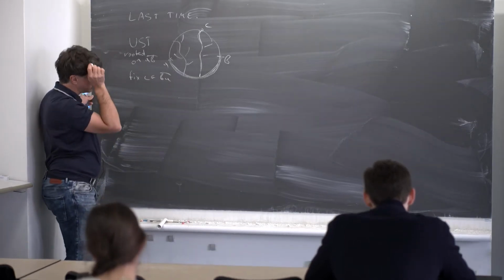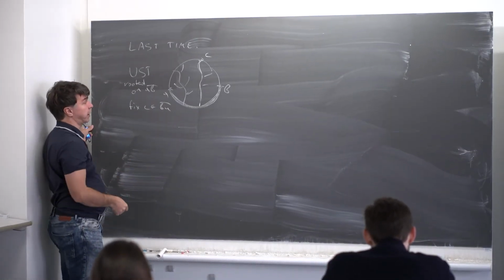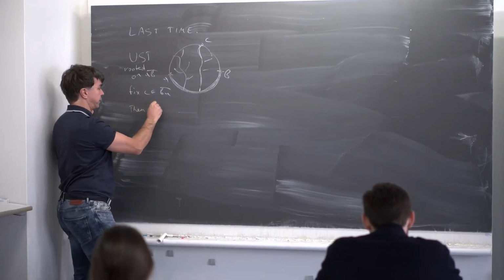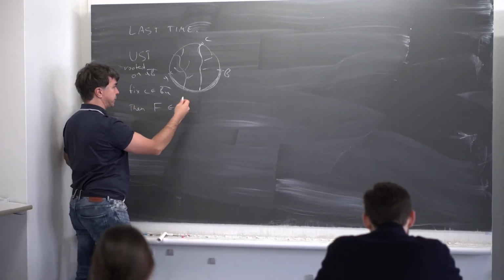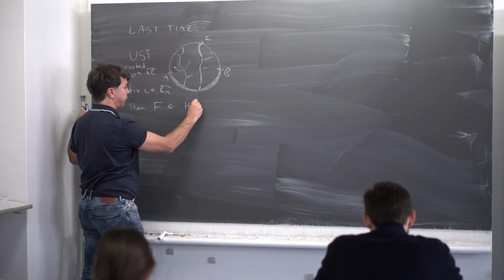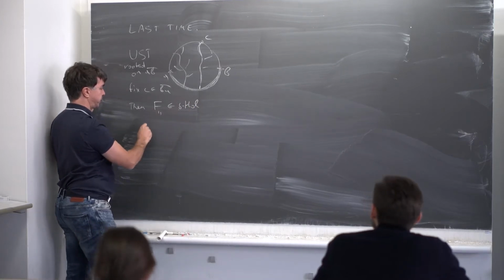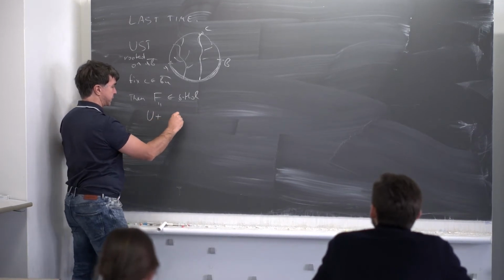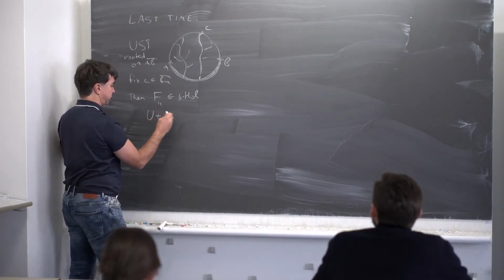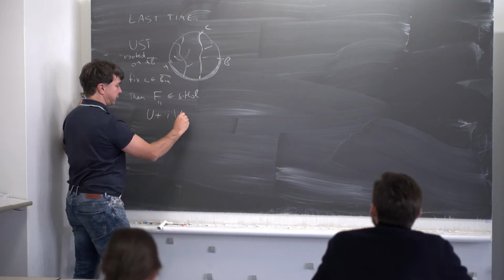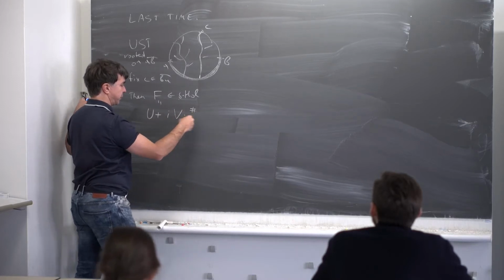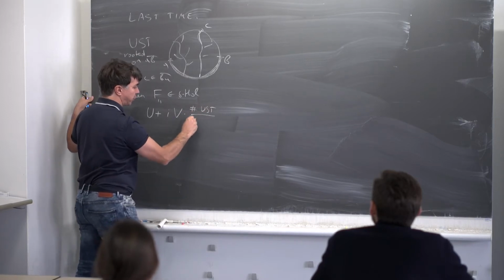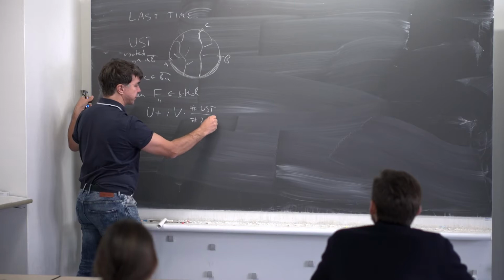Then there are two discrete functions which together are analytic. F is discrete holomorphic, let's say delta-holomorphic, where F is U plus iV times the normalization factor, the number of uniform spanning trees, so the number of forests of two trees.